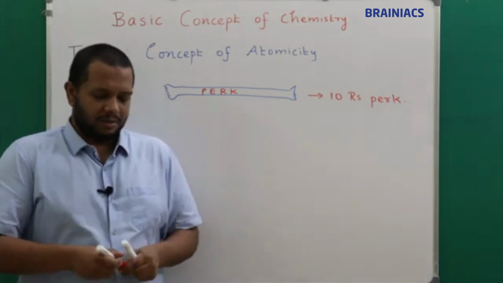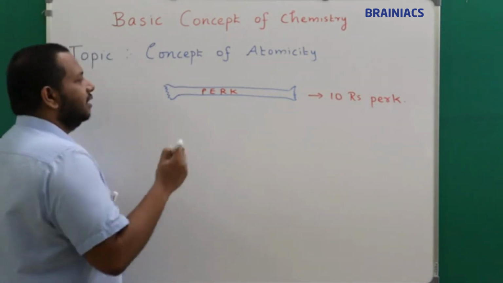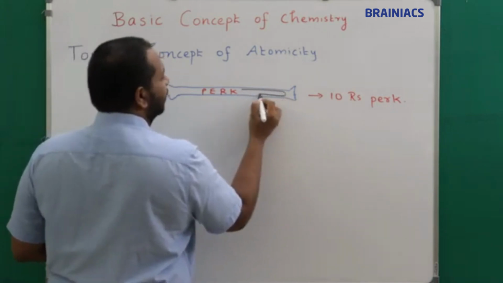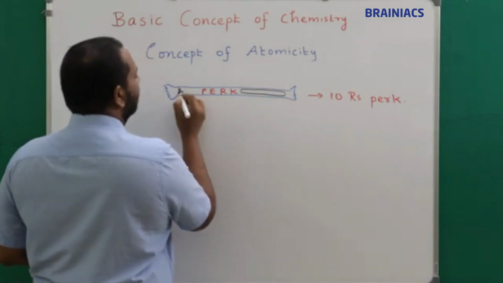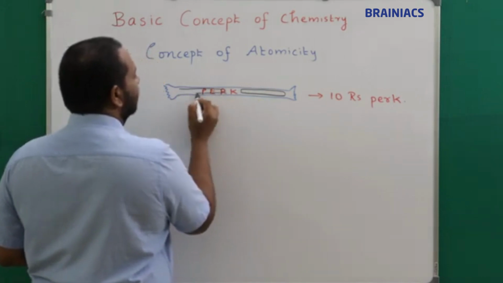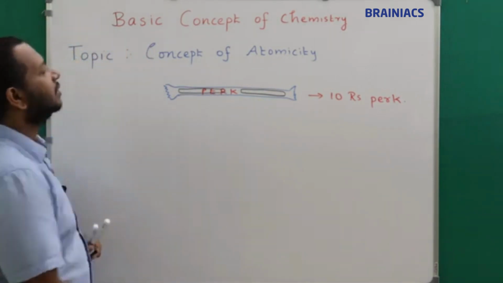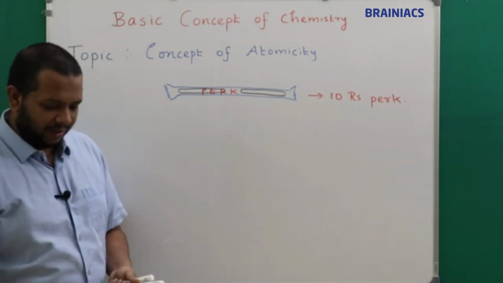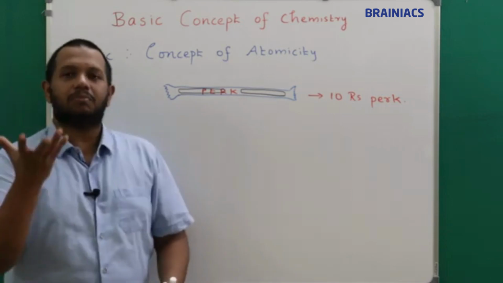Why? Because in the Perk there is an arrangement like this. There is one chocolate here, clear demarcation, and there is another chocolate here. Correct? Hope you remember this, if you have eaten. So now you need to compare one Perk with the molecule.